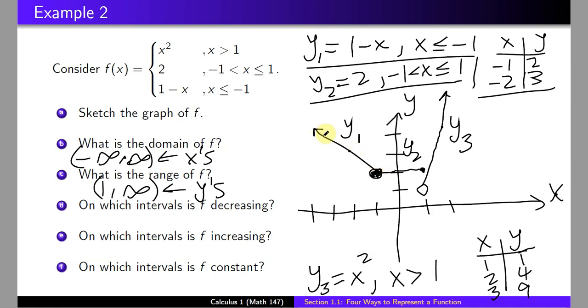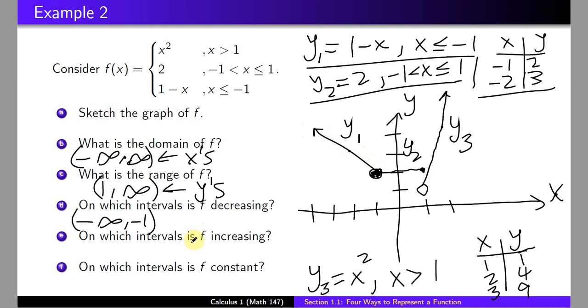Well, it looks like the answer is we want to look at y1 as the portion. So what are the x values there? It would be from minus infinity to minus 1 would be the x values over which this portion of the graph is decreasing. The y values are decreasing when you're reading it from left to right.